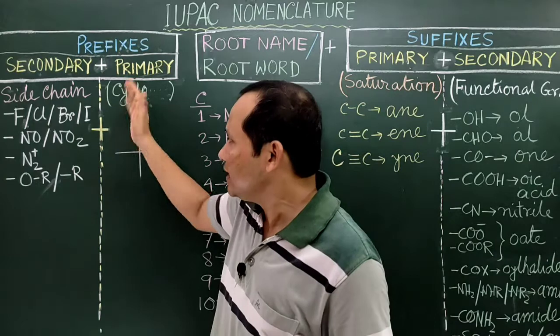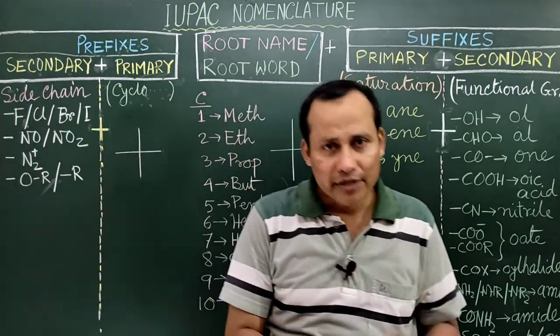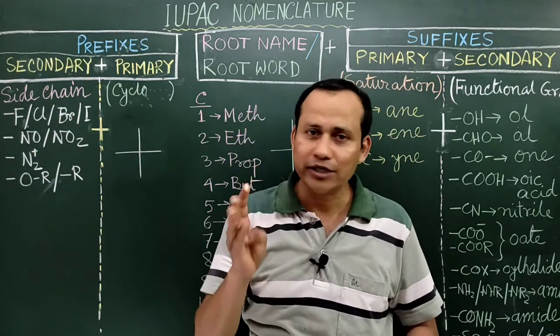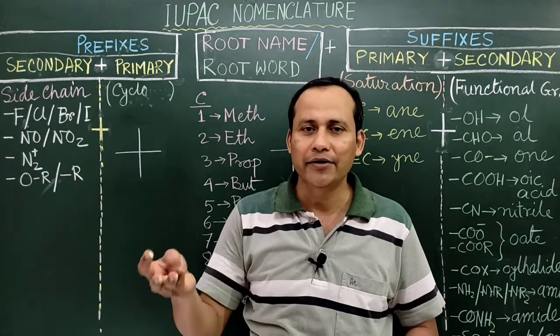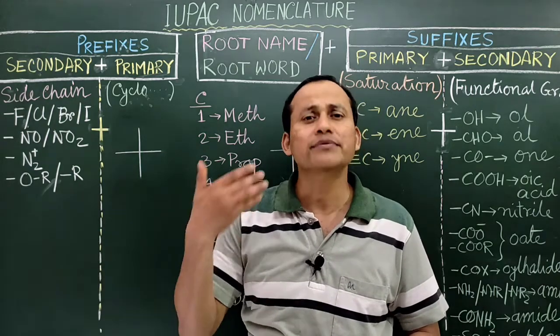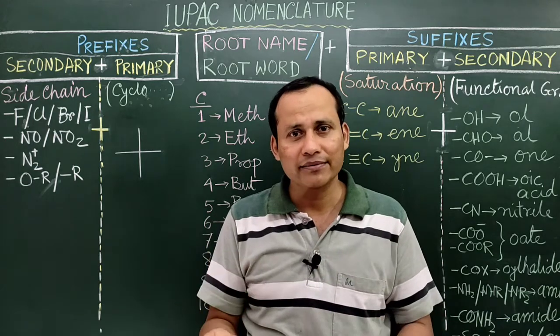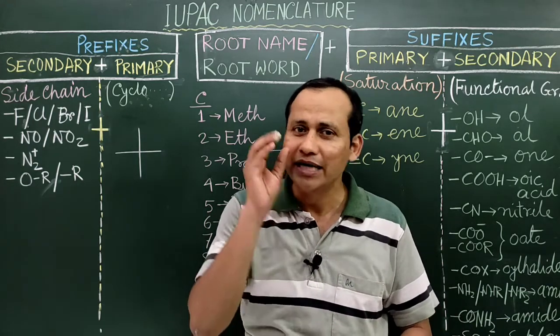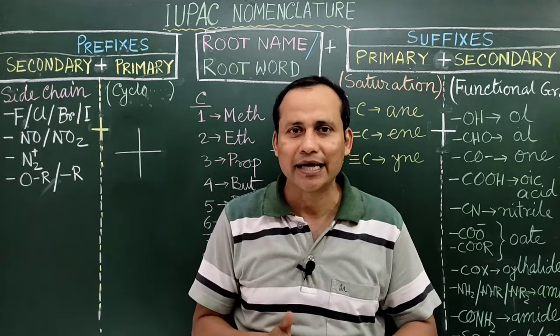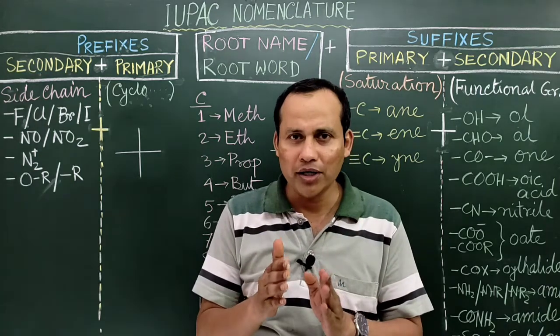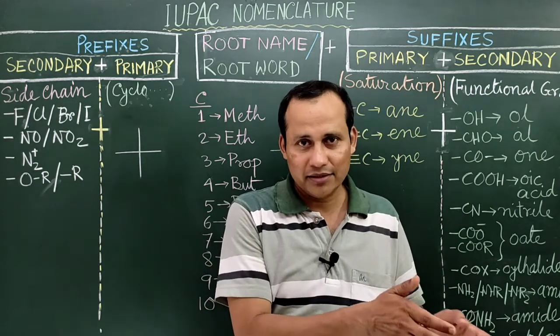And in some cases in organic compounds halogens may be there, chlorine, bromine, iodine and so on. Nitrogen groups may be there, and so many groups may be there. If these types of groups are there, they are called substituents.